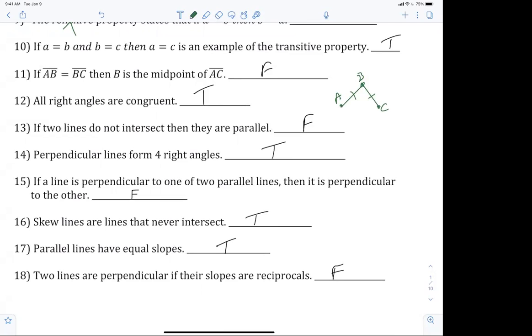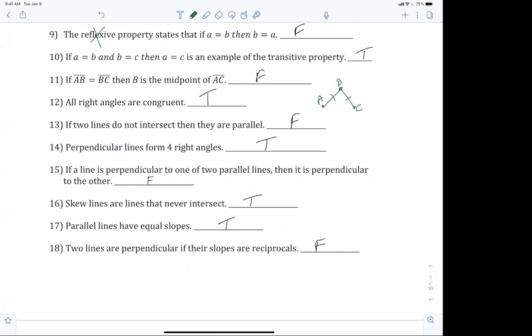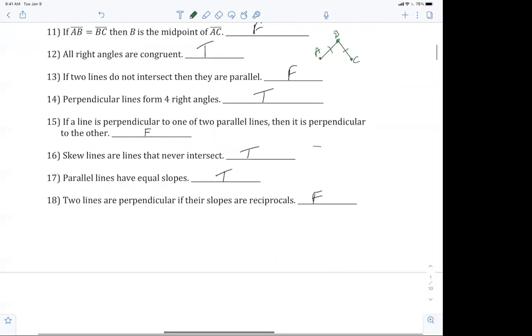If a line is perpendicular to one of 2 parallel lines, then it's perpendicular to the other. That seems like that should be true also, right? But what if I drew these 2 parallel lines like this, and I drew a perpendicular line this way, that's not on that plane.